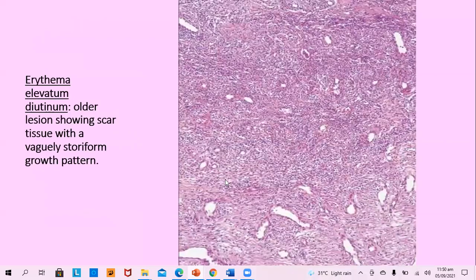But there is in addition another feature seen in erythema elevatum diutinum: the older lesions show scar tissue with vaguely storiform growth pattern. This is the fibrosis which is typically seen in erythema elevatum diutinum. So in summary, erythema elevatum diutinum has three histological features: leukocytoclastic vasculitis, dense neutrophilic interstitial and perivascular infiltrate, and dermal fibrosis.